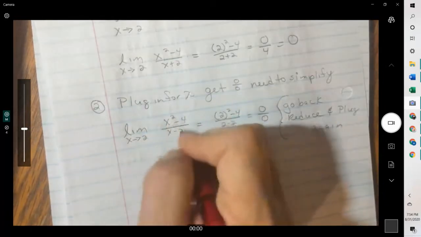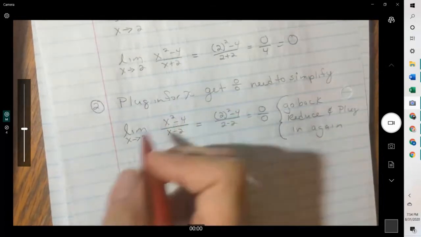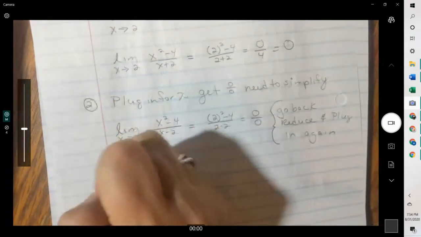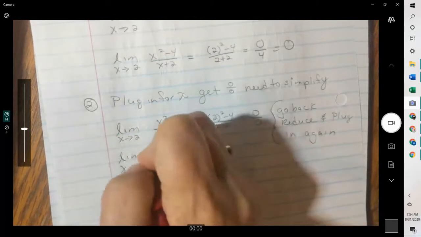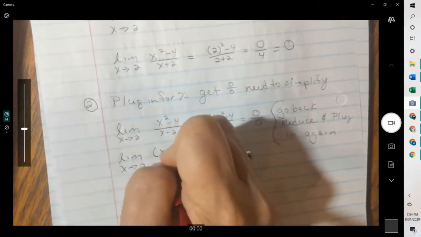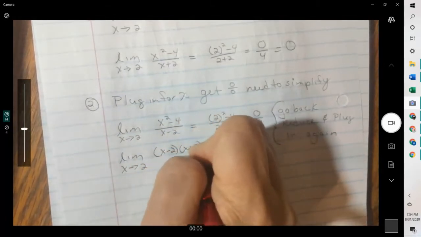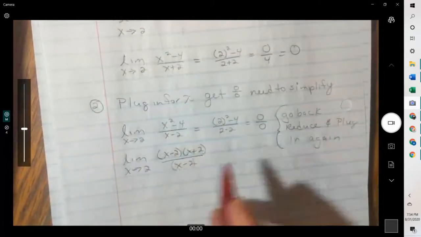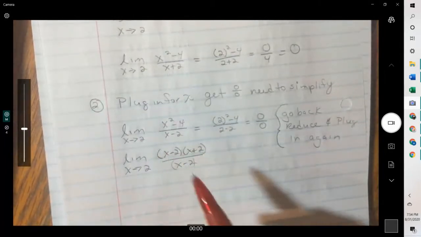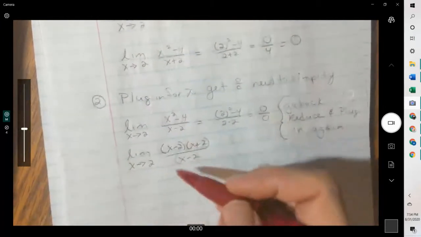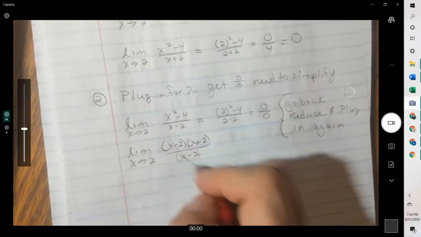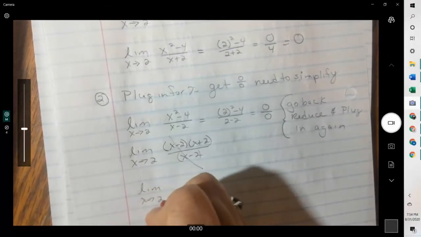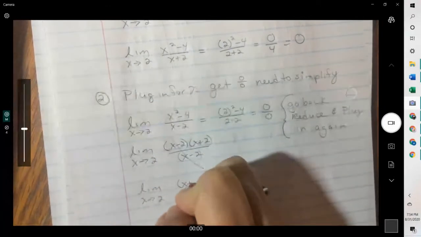So we reduce this. Notice the top will factor: x minus 2 and x plus 2, all over x minus 2. We know that there'll be a common factor because that's why we got 0 over 0. So those cancel and leave the limit as x approaches 2 of x plus 2.